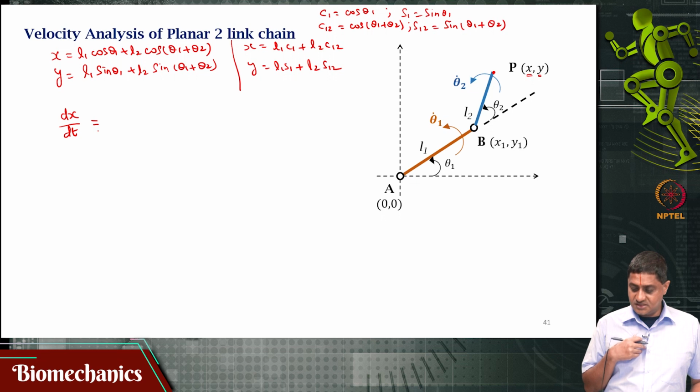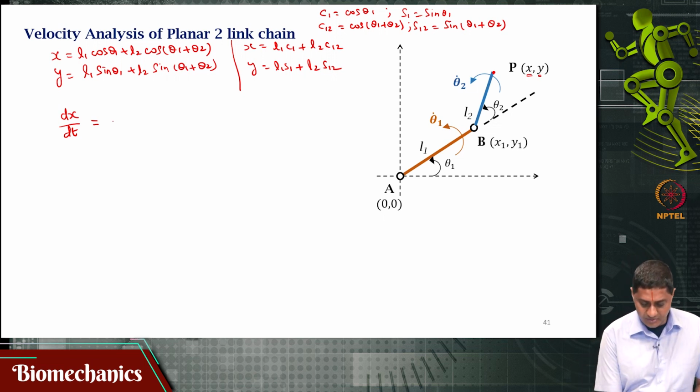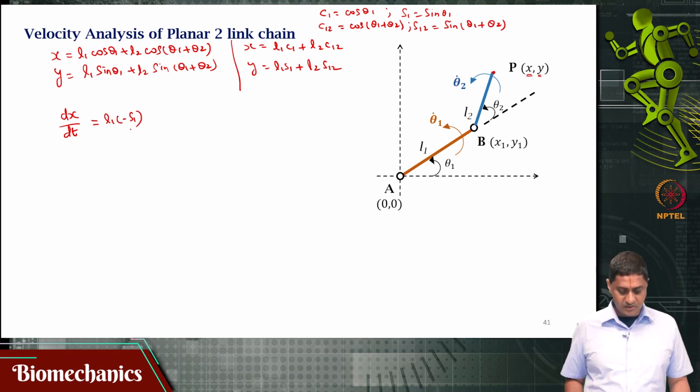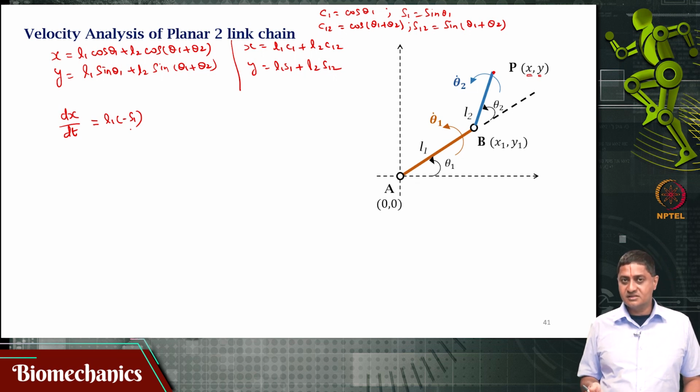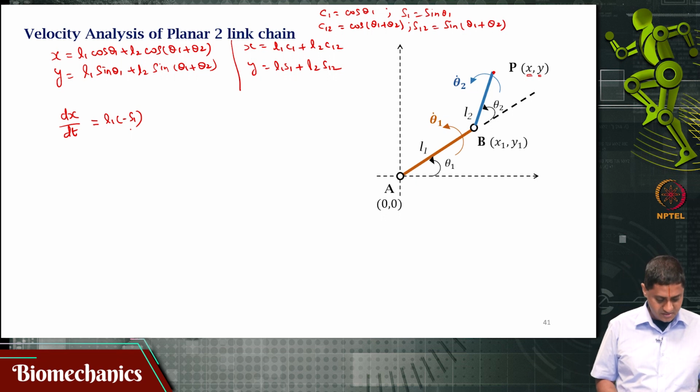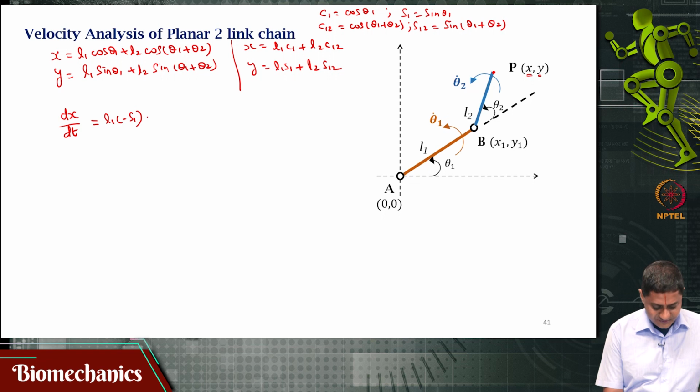dx by dt is... L1 itself does not change, but cos theta 1, because theta dot is involved, will have a differential. L1 does not change. That would be L1 times minus S1, that is what we saw in the previous slide, because the differentiation of cos theta is minus sin theta, minus S1 times theta 1 dot, because there are two thetas here.